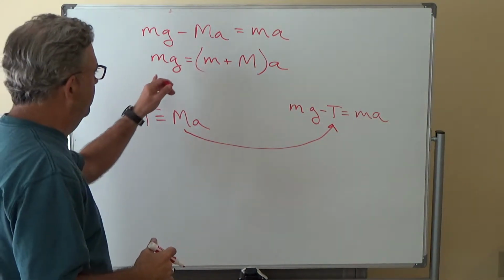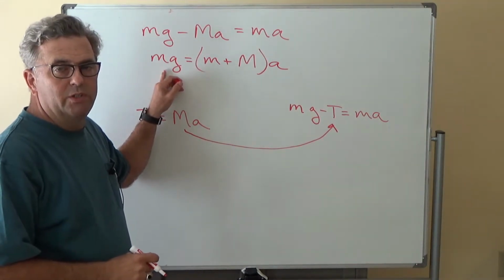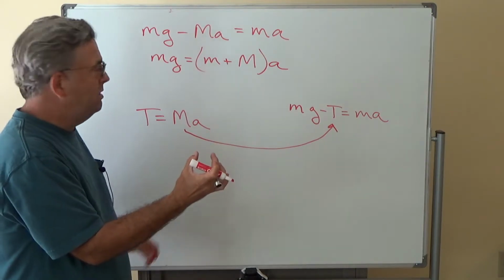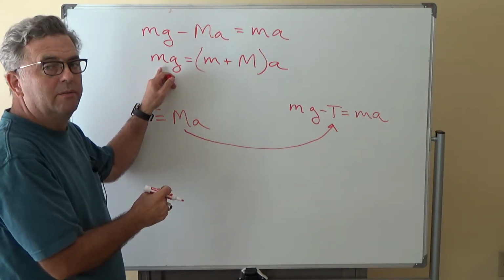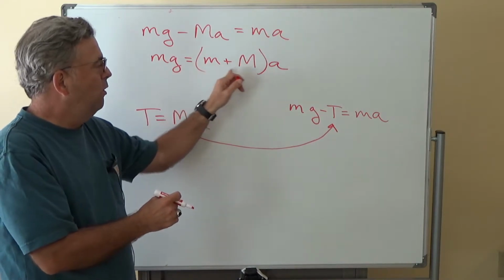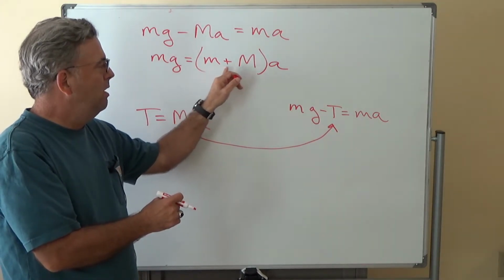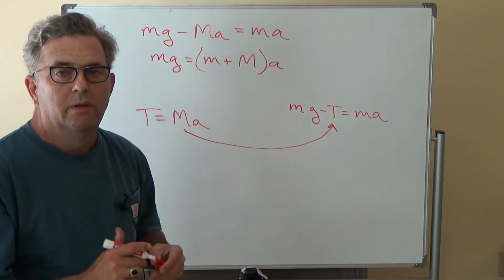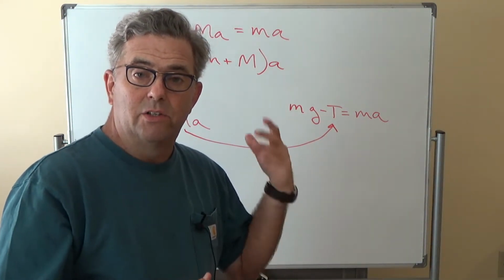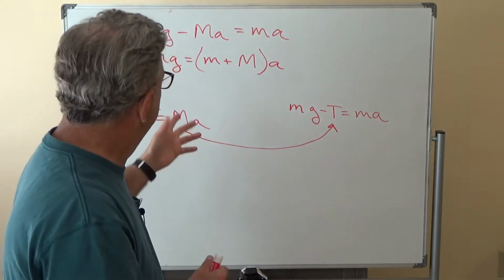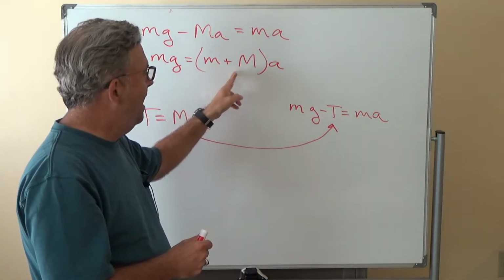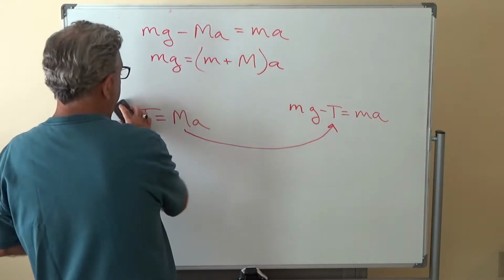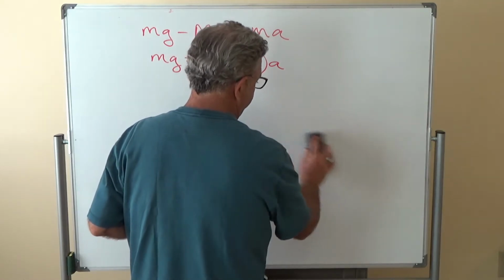What is this in this form? This is the net force acting on the system. The net force on the system is little mg. This is the total mass of the system, little m plus big M, times the acceleration. That is Newton's second law. Net force, total mass, acceleration. So solving for the acceleration, that's pretty simple.